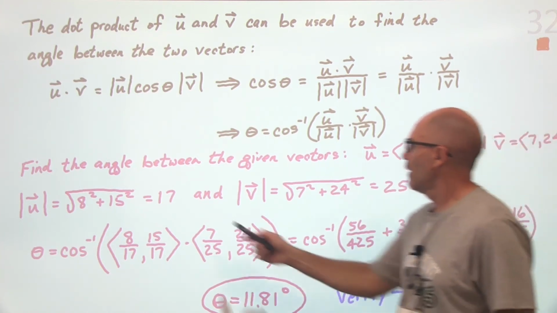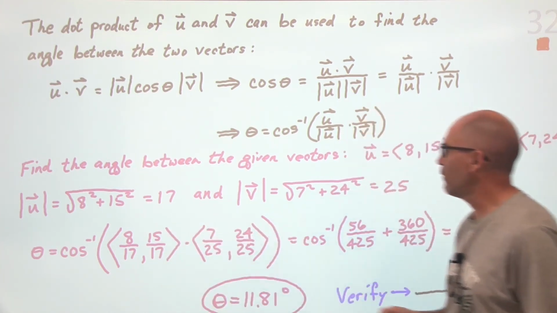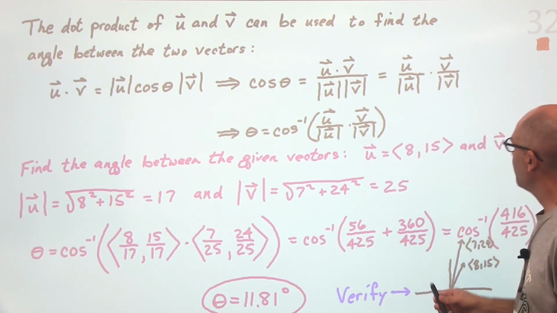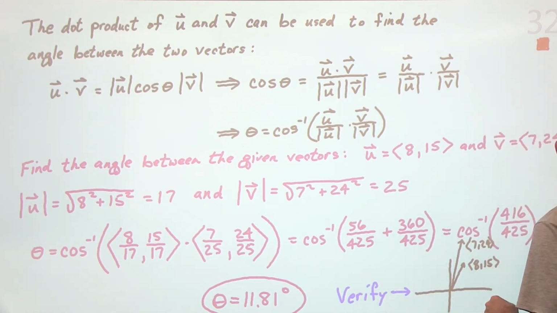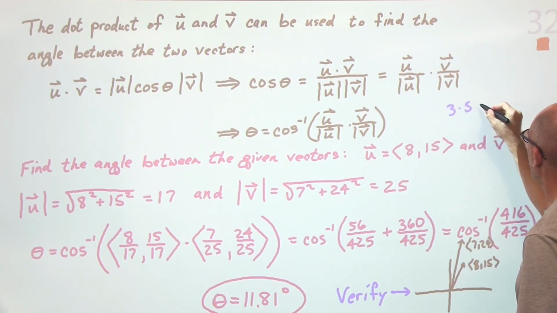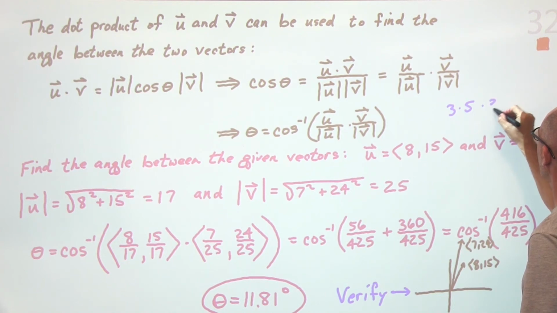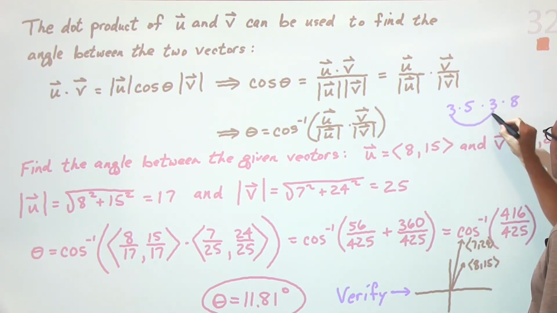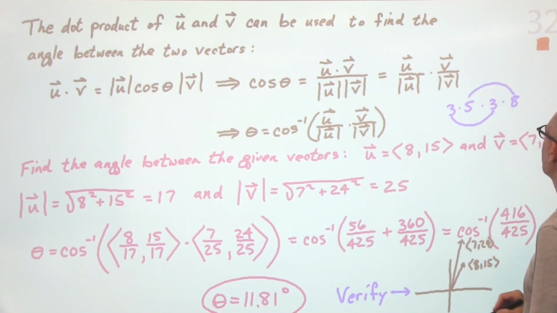Now, 15 times 24. That sounds tough, but really it's not. 15 is 3 times 5, and 24 is 3 times 8. So 15 times 24 is just 9 times 40, which is 360.